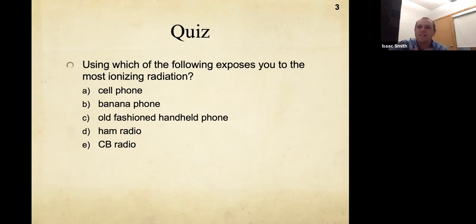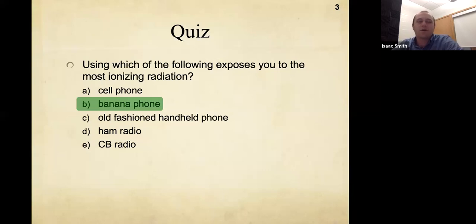Usually we do this in class and we can watch as people answer, and it's interesting to see what people think gives the most ionizing radiation. And banana phone is the answer. Kind of silly. It just says phone because there are some other phones on there. But obviously, bananas can't make phone calls. Anyway, all right. So really this is just a banana.